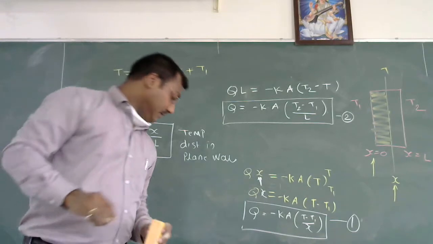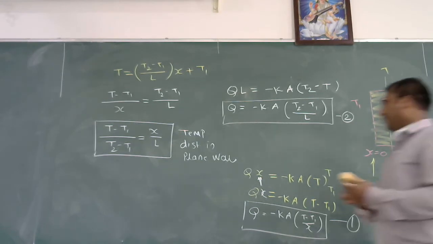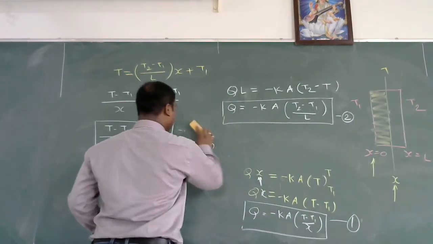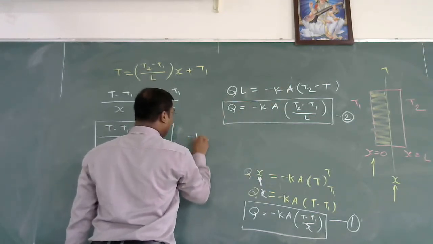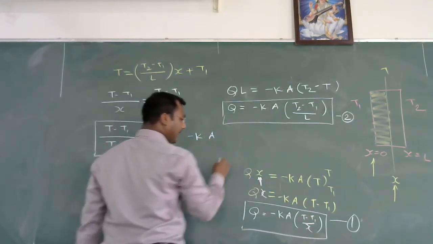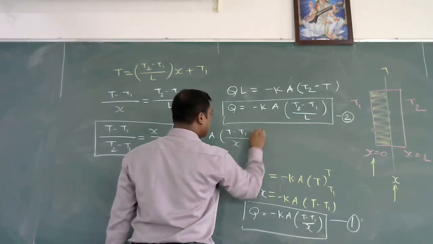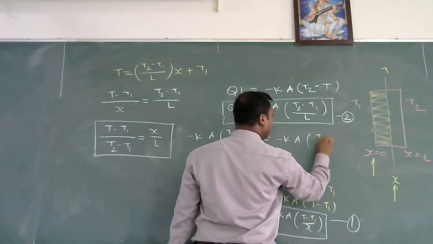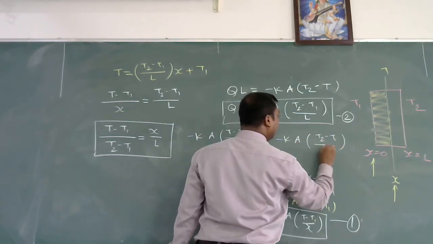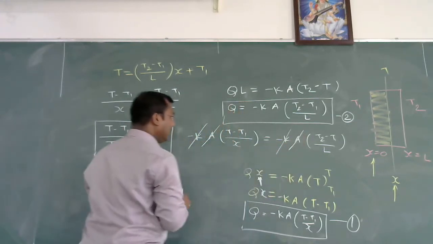Now I will equate both equations, equation 1 and equation number 2. Equation number 1 was minus K into A into (T minus T1) divided by x, is equal to minus K into A into (T2 minus T1) divided by L. So this cancels out, this cancels out.